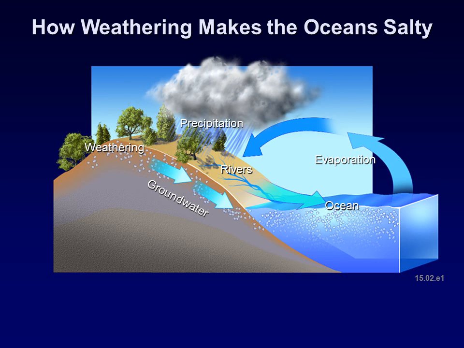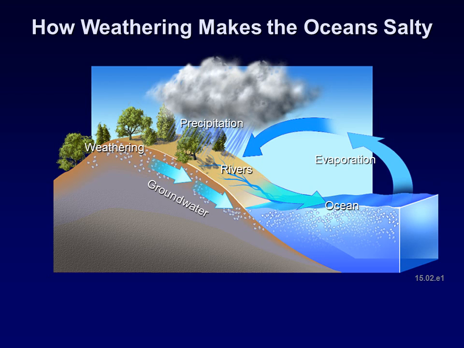So over millions of years, this creates a really high concentration of salt and other minerals in the ocean. The main ions that create the salt in the ocean are sodium and chloride, and those ions get released through the process of weathering.